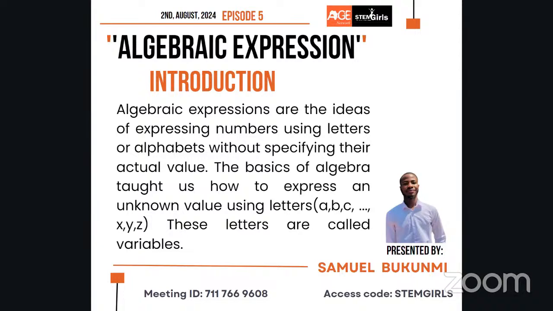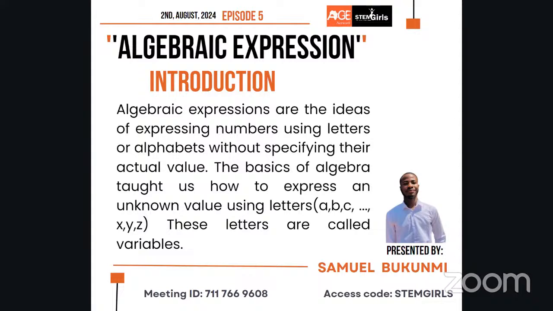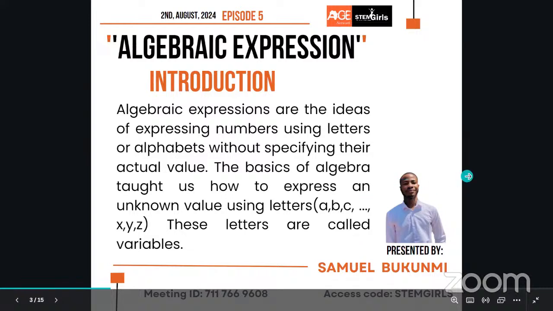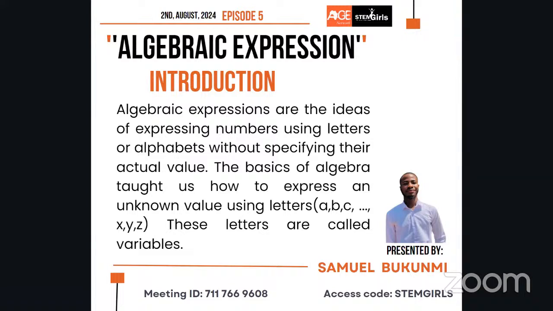When we are trying to express numbers by using letters, the English alphabets, then we can call them algebraic expressions. Now, these algebraic expressions have components that make them an algebraic expression. This is just the introductory part. We would soon go fully into the work for today.